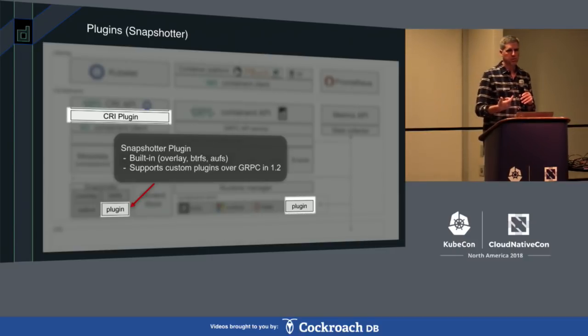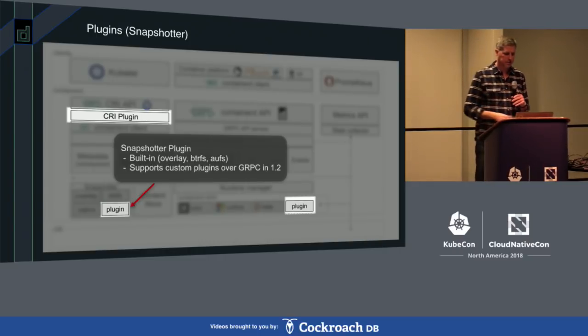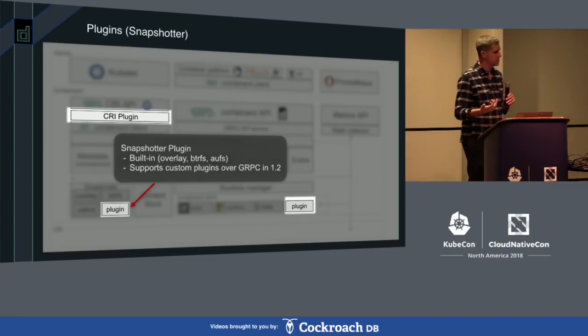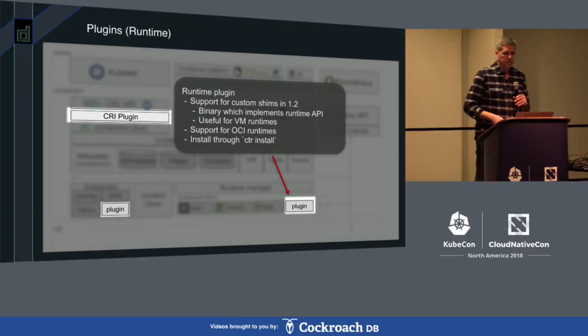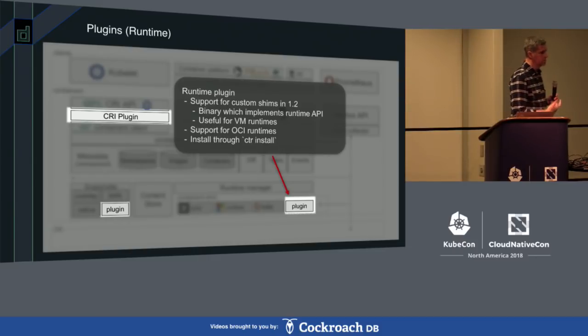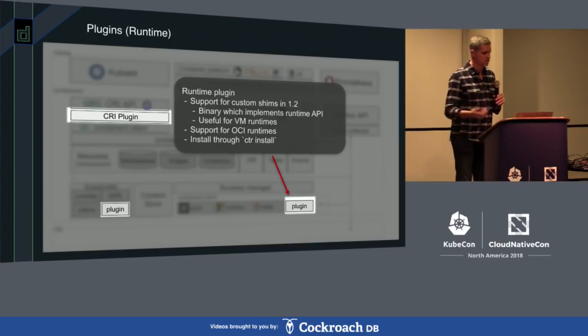One interesting thing that the AWS Firecracker team has done is write a proxy plugin of their own to write their own snapshotter for their own file system use. I also mentioned runtime plugins, and this is interesting to those who want to do some other kind of containerization other than what runC provides, for example using the standard Linux cgroups and namespaces.